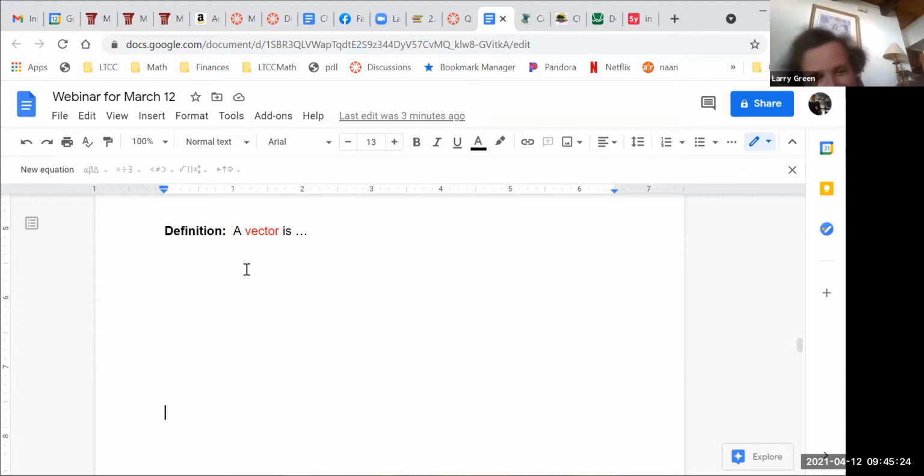But what we're going to be looking at is this: I wanted to be vague before, and now I'm going to be more specific. A vector in R2, because that changes things.